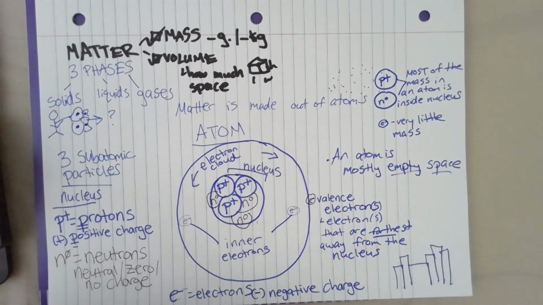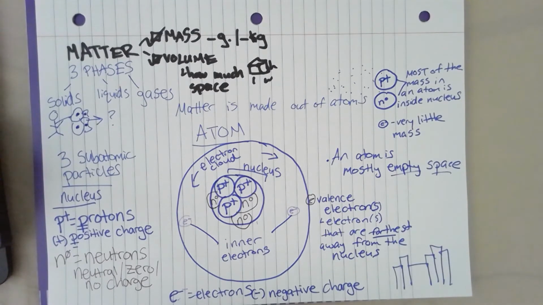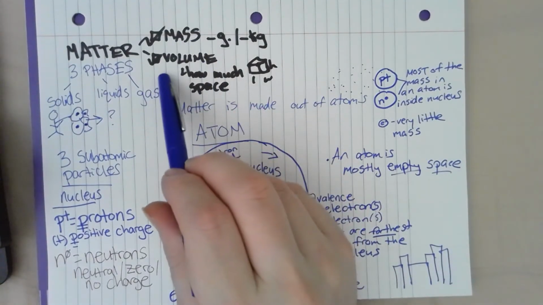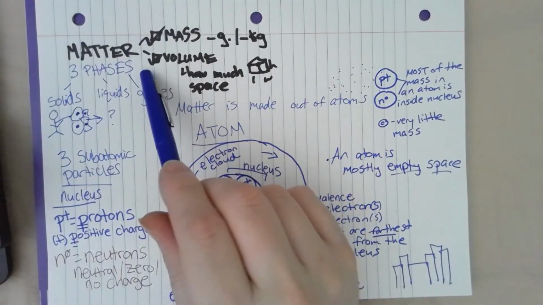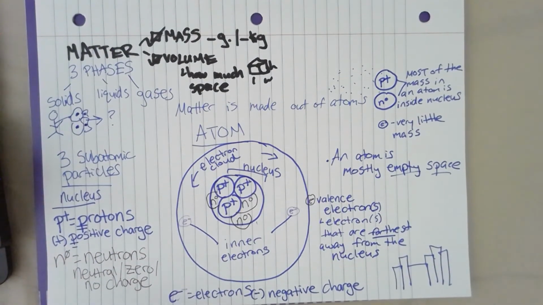What two things does something need to have in order to be called matter? Basically, what is matter? Matter is anything that has what and what? Good job. Matter is anything that has mass or volume. If it has mass or volume, then it's called matter. Next question.